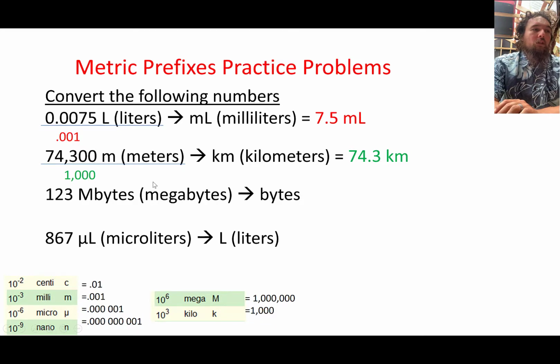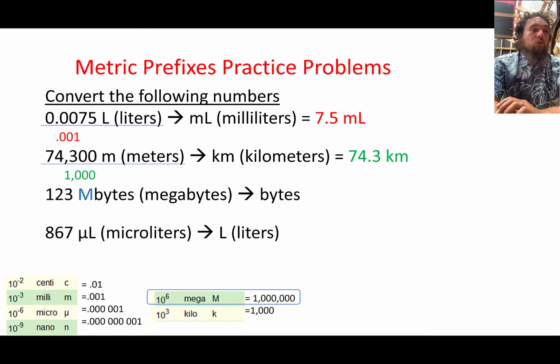The next thing we're going to look at is if we have something in megabytes, which is a bigger value, and now we have to convert it to bytes. Since mega is a capital M, there are 1,000,000 bytes per megabyte. The base unit is the thing that we put the prefix in front of.